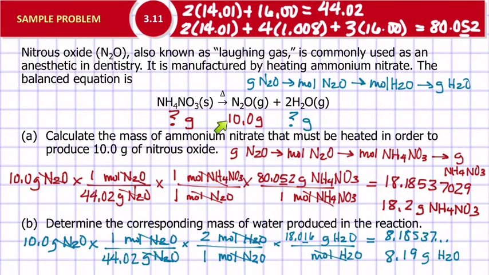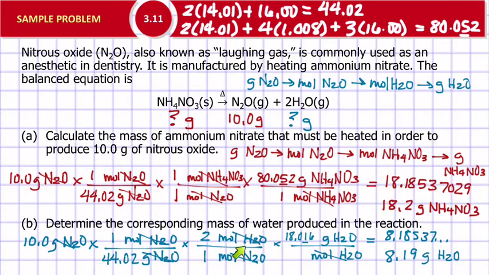So in the first one, we were looking at the ammonium nitrate and the N2O. And in the second problem, we're looking at 2 of the products. And so we've got the N2O and the H2O. And so for this mole ratio, we just go to the formula that's in the ratio.